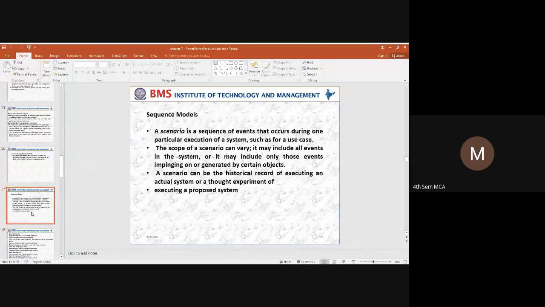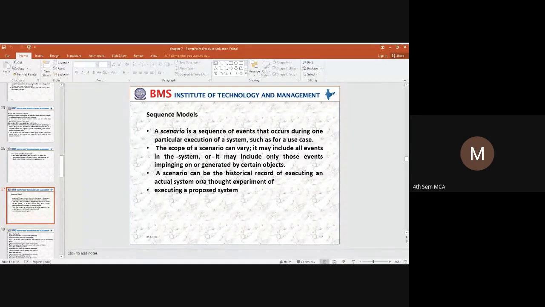So next we have a sequence model. So what is the sequence model? Again, this is one of the categories under interaction modeling, which represents a high level of abstraction of a diagram. In a sequence model, we are trying to identify the scenario.